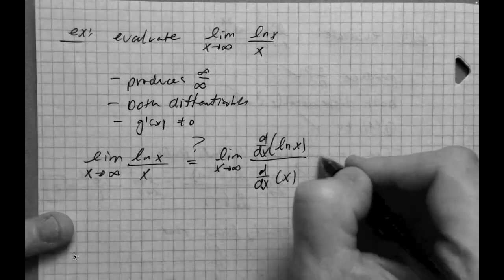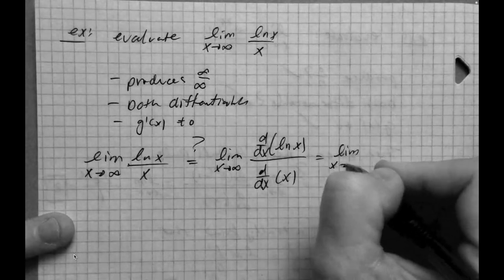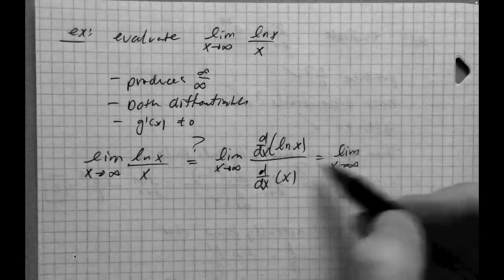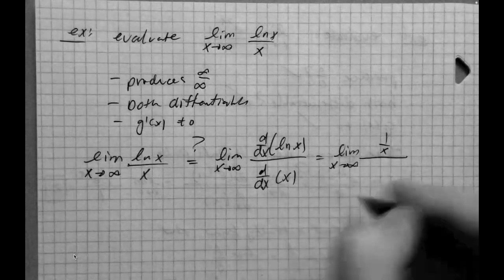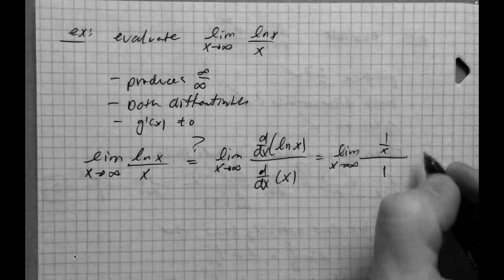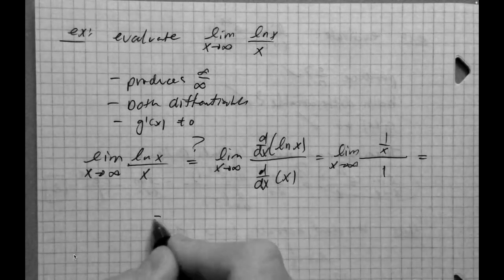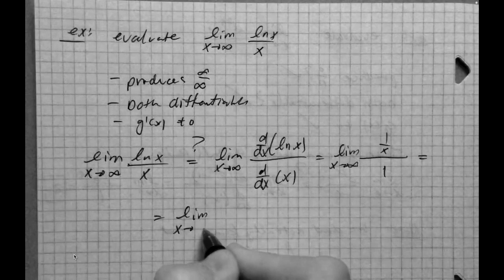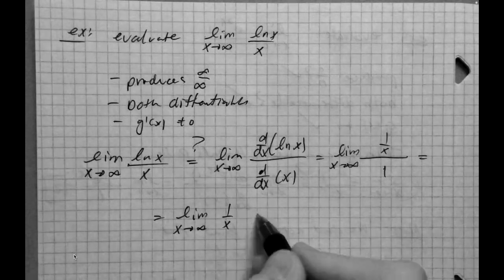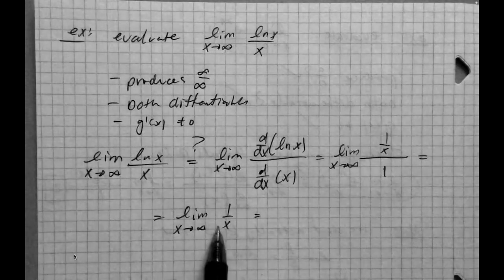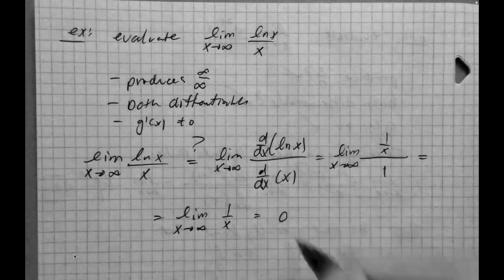Okay, and what do we get here? Well, the derivative of natural log of x is 1 over x. The derivative of x is 1. So this is going to be equal to the limit as x approaches infinity of 1 over x, which of course is 0. As the denominator x grows without bound, this will be 0.